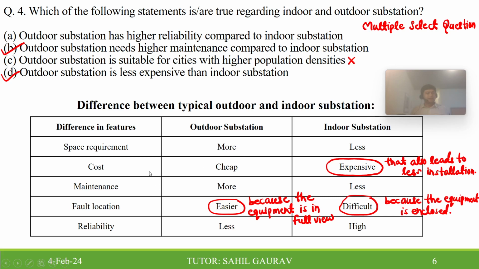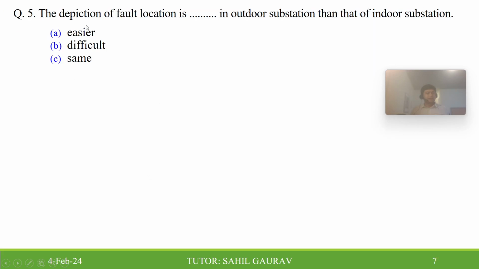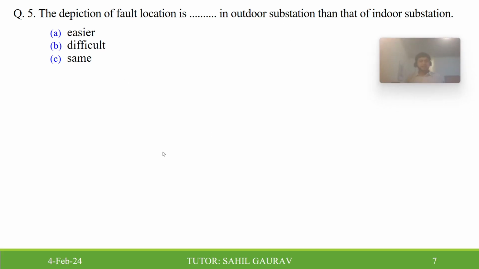So now let us move to the next problem. The next problem is: the detection of fault location is blank in the outdoor substation than that of indoor substation. What is the correct answer?